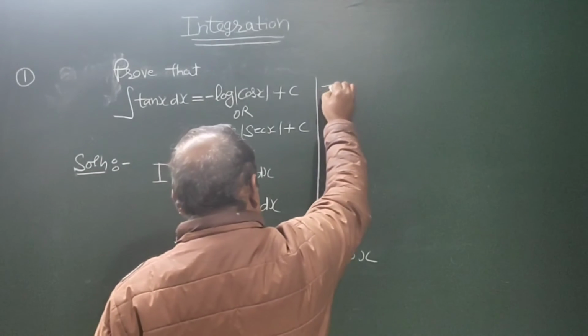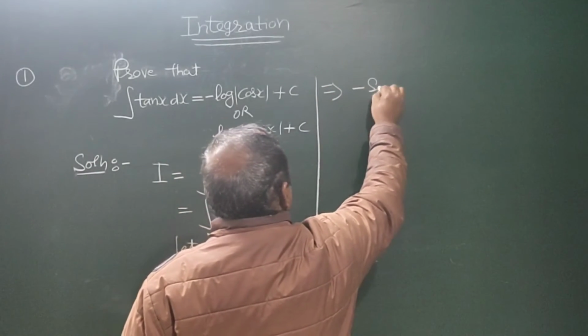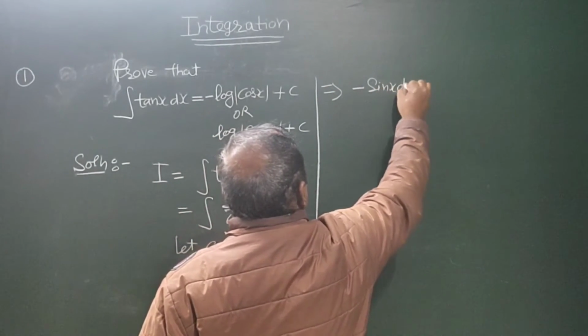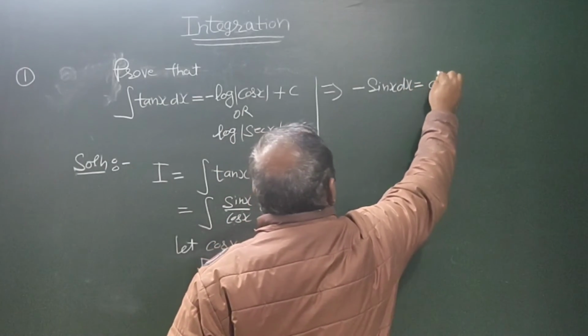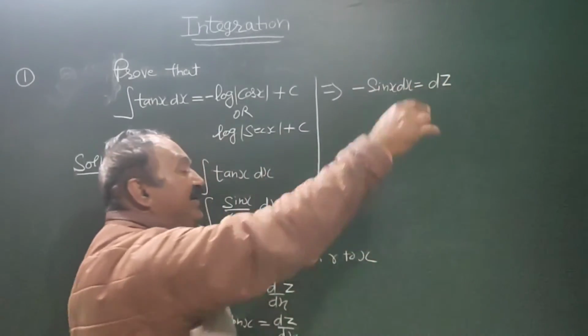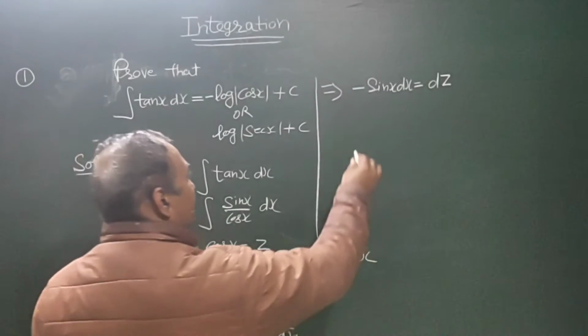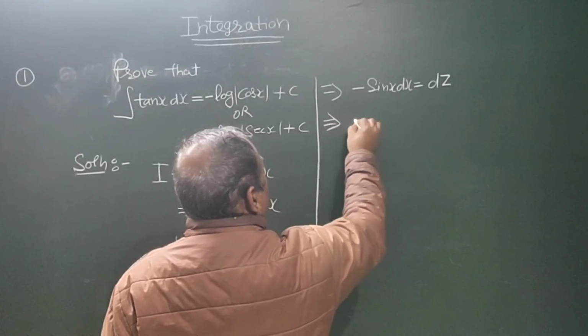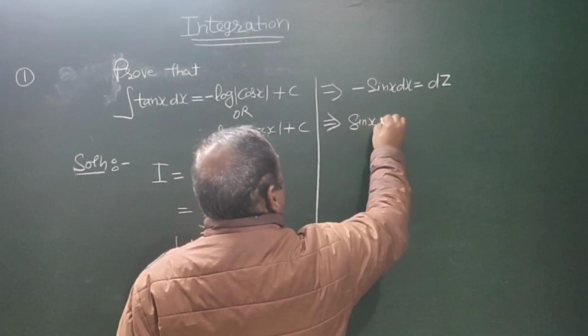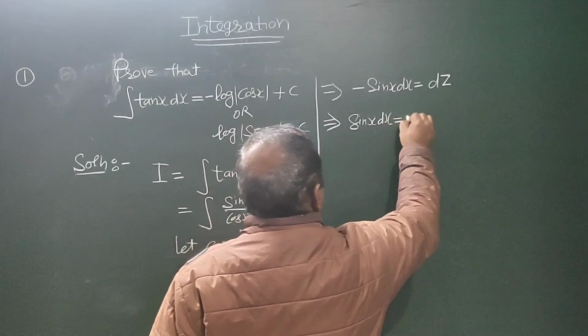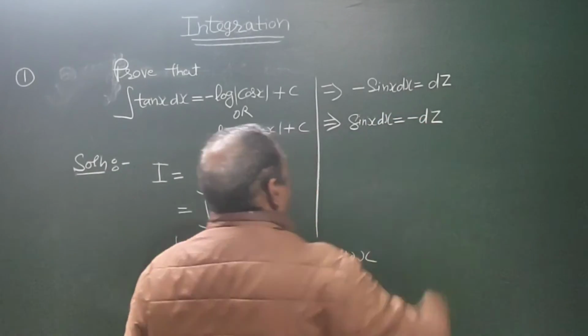Therefore, minus sin x into dx will be equal to dz. Taking negative sign to the right of this, we get sin x into dx, that is equal to minus dz.